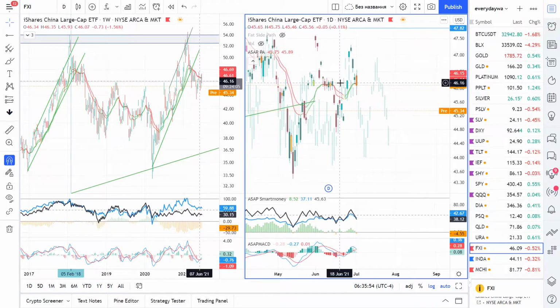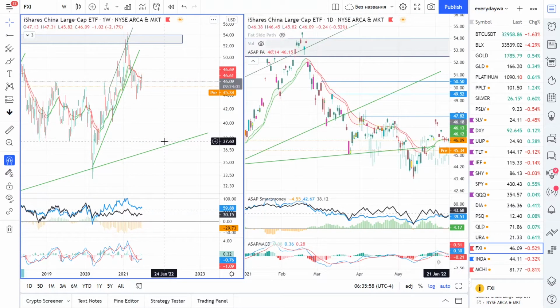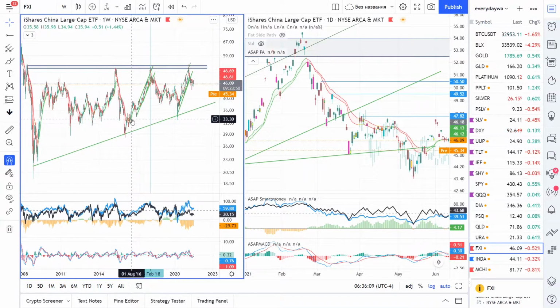I'm expecting it to head lower to test this big triangle bottom trend line to gather some serious accumulation here and ultimately to break to the upside.